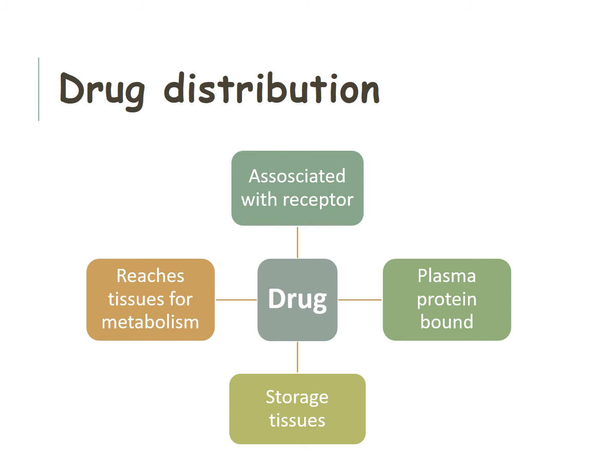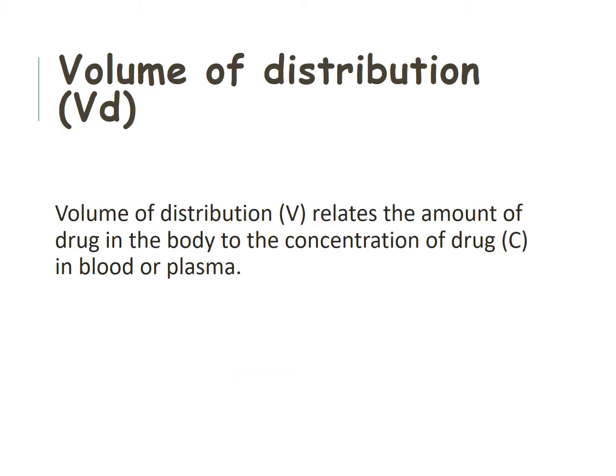So these are the regions where the drug can distribute. When we administer a drug, first it should be absorbed into our systemic circulation. From the systemic circulation, it can move to different parts like receptors, plasma bound, some may go to storage areas, and some may be metabolized in the body. Okay, so that's the basics of distribution.